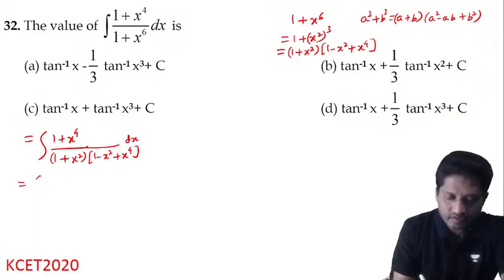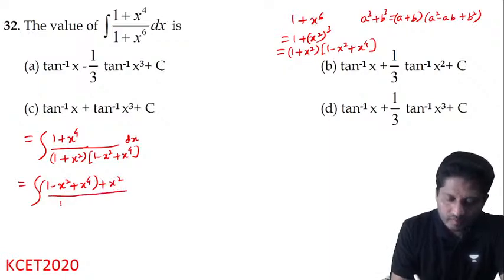Now the numerator can be written as 1 minus x square plus x power 4, I'll subtract x square and add x square, whole divided by 1 plus x square into 1 minus x square plus x to the power of 4, dx.